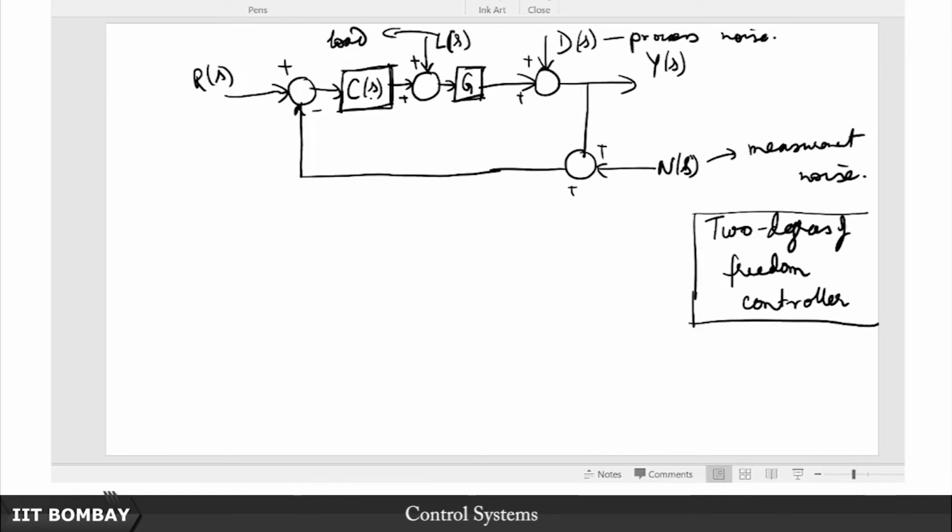So you might often have to employ multiple controllers at multiple places in this entire loop, right. So you will have more parameters to play around with, more controller parameters to tune, and therefore you should be able to do better. So the more the requirements from the system, you should have more variables, more lax variables to play around with, yeah. Otherwise you might only be able to do so much using just one controller having so many parameters, okay.